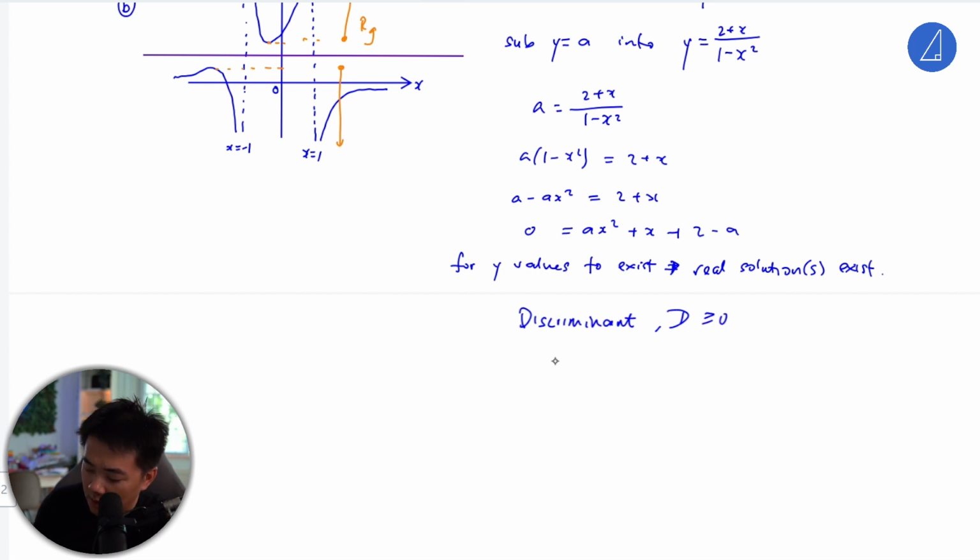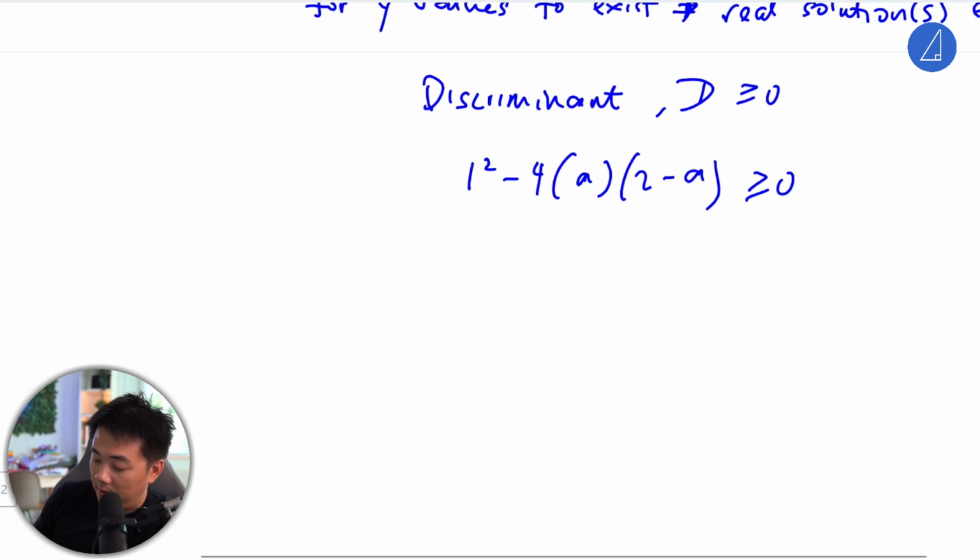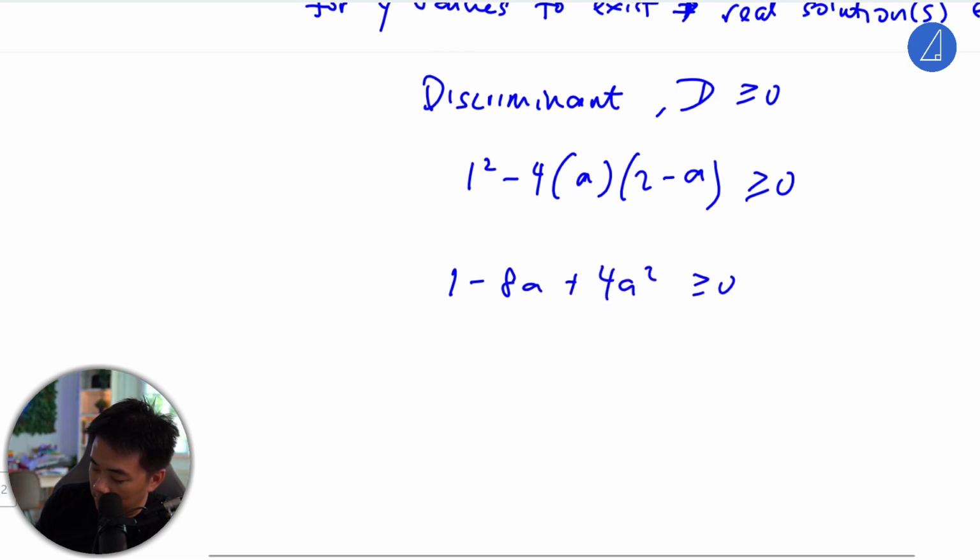So this will be b squared minus 4ac, where c is 2 minus a, at least 0. Then I'll solve this. This will be 1 minus 8a plus 4a squared, at least 0. So 4a squared minus 8a plus 1 equals 0.